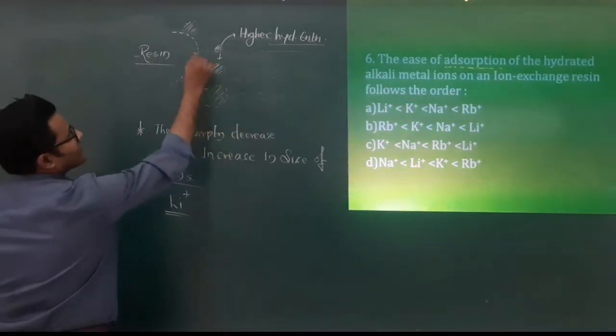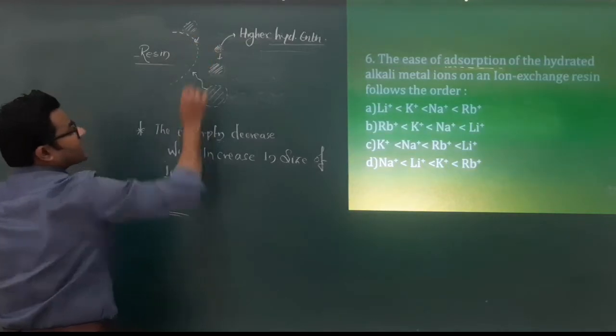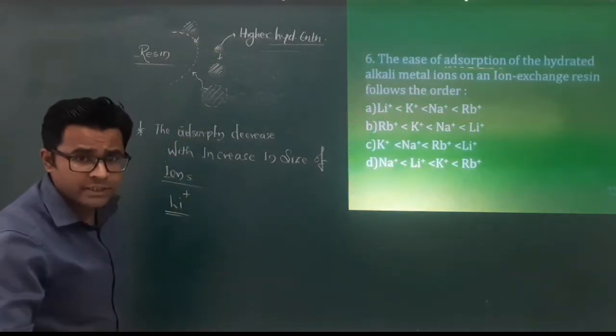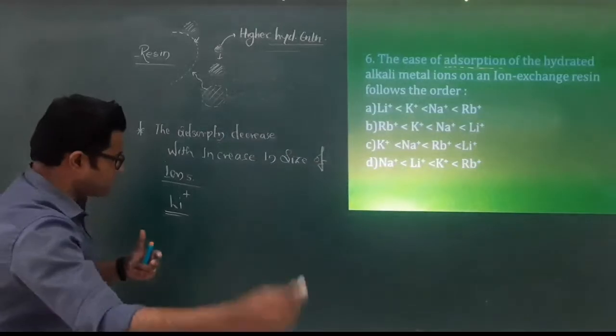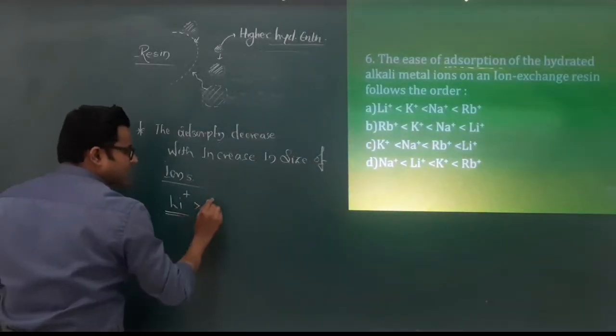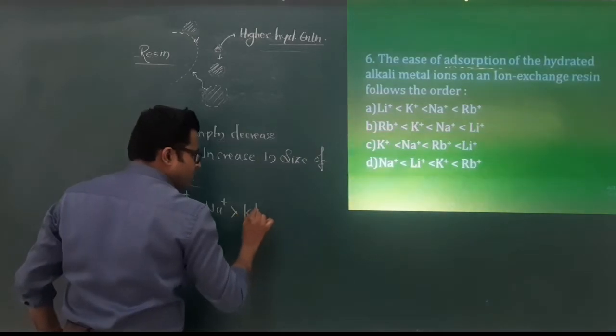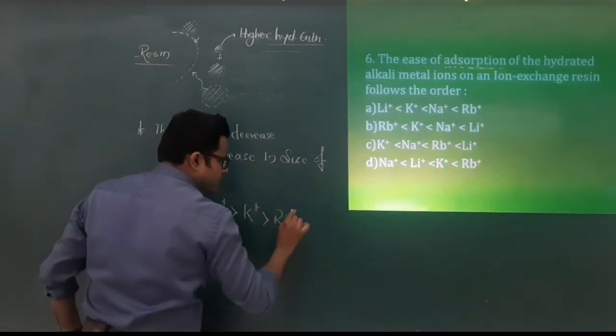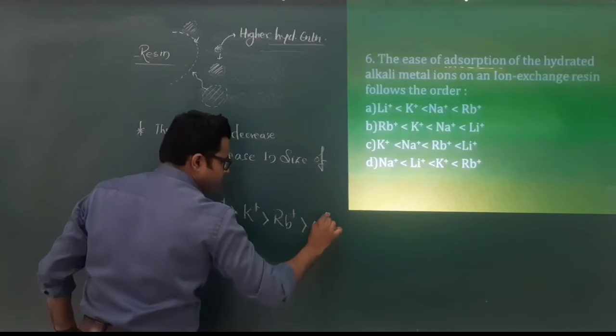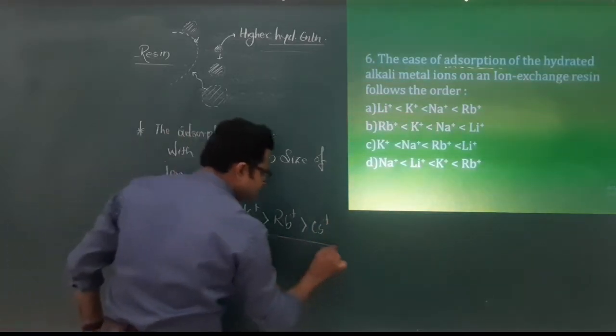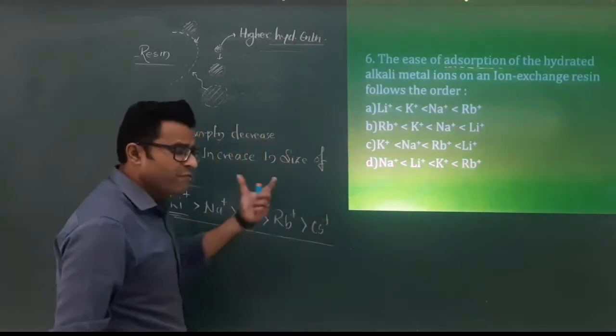If we take this statement into consideration, the highest one is actually lithium. Lithium ion is going to get adsorbed better, with better efficiency. After that comes sodium, then potassium, then rubidium, then cesium. This is the fashion which is going to be followed.